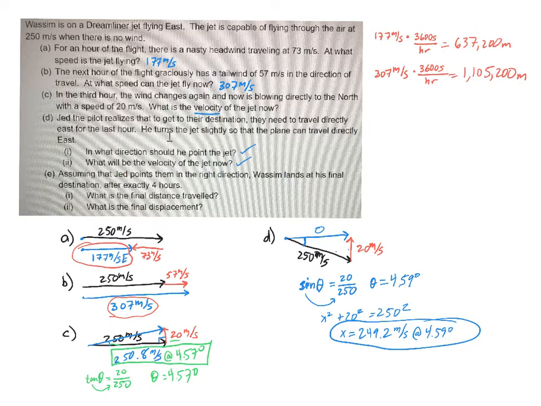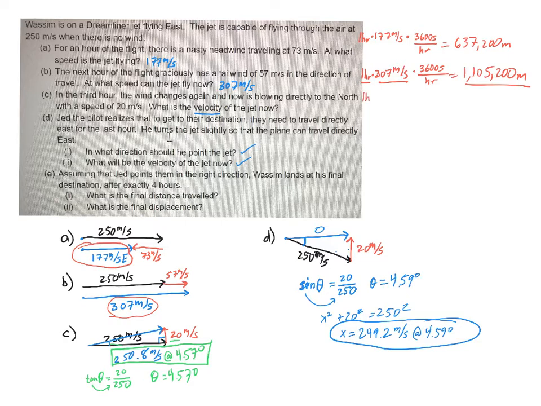Okay, so 1 hour, so time times speed gives us distance, right? Sorry, I should have written that up there to make it clear. I was multiplying 1 hour. Okay, the third hour, it says he's going 250.8.